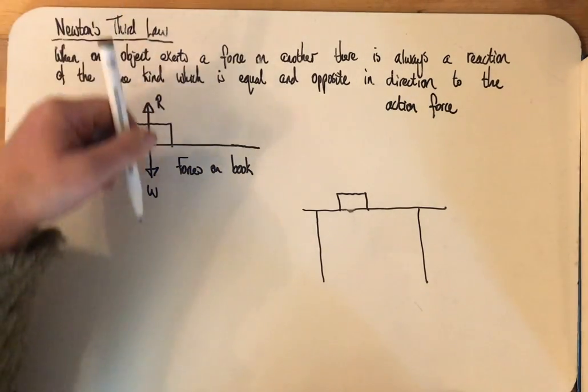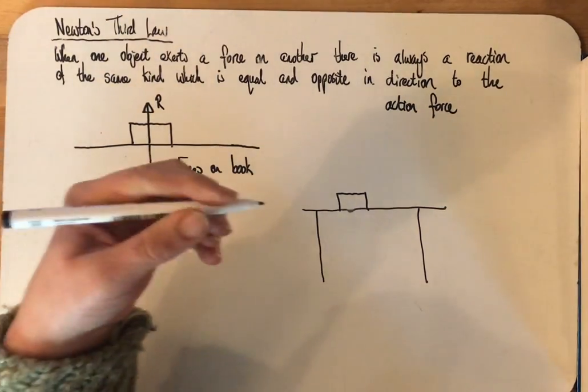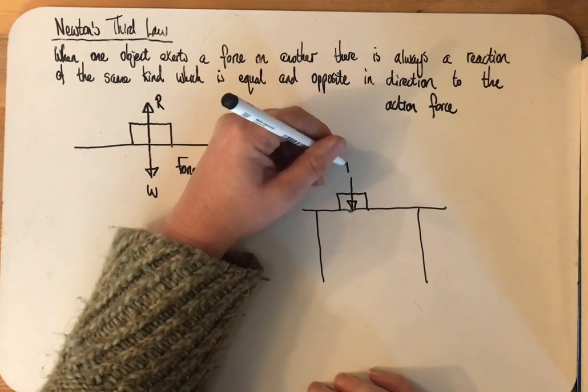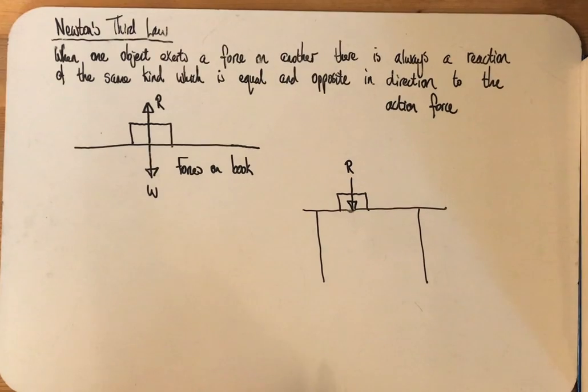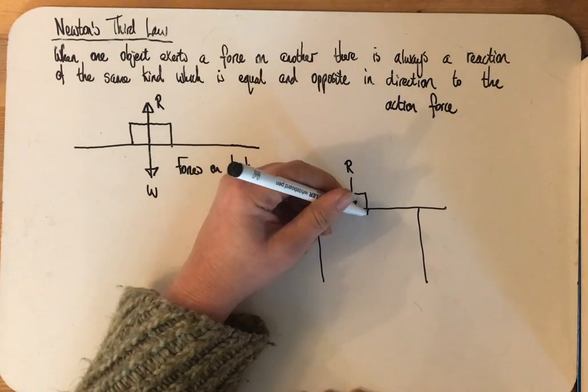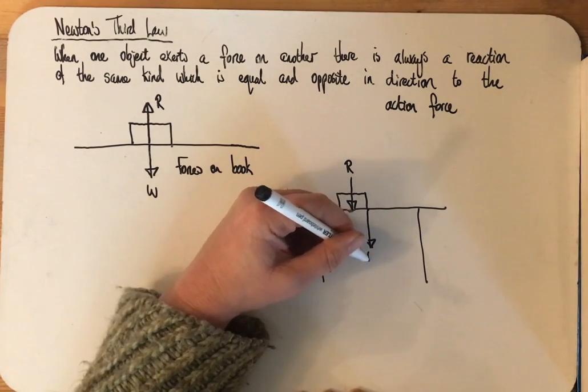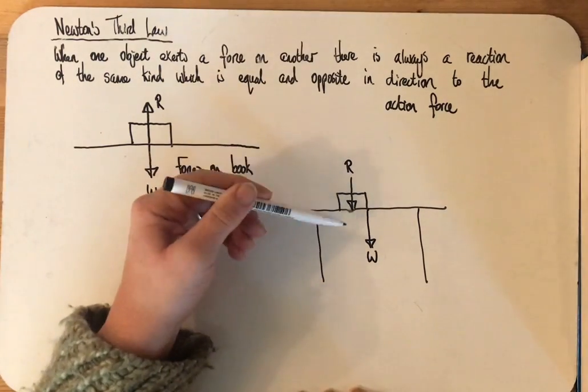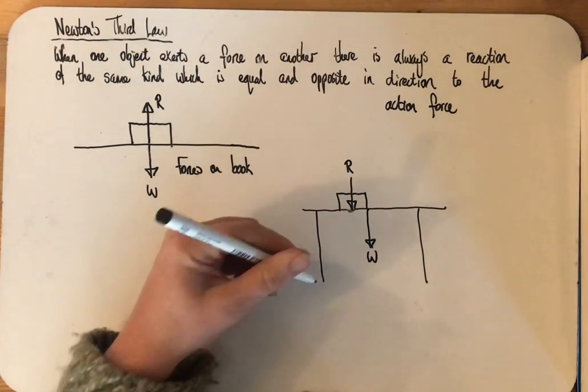So the book also acts down on the table. So we've got this force here that's acting down onto the table. And then we've got the weight of the table. Remember, this reaction force is the same as the weight of the book. So it's all kind of balancing out.